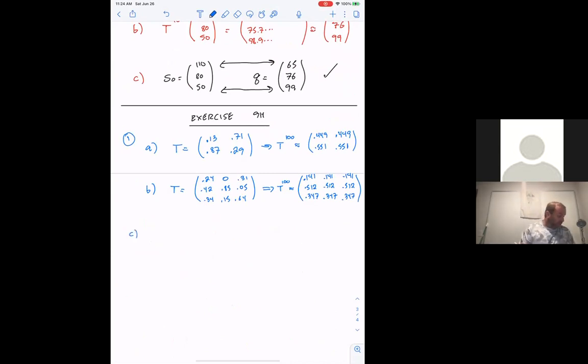And then C, okay, this is just busy work now, but now they give me a 4x4: 0.1, 0.6, 0.2, 0.7, 0.05, 0.2, 0.2, 0.05, 0.4, 0.05, 0.2, 0.2, 0.45, 0.15, 0.4, 0.05.